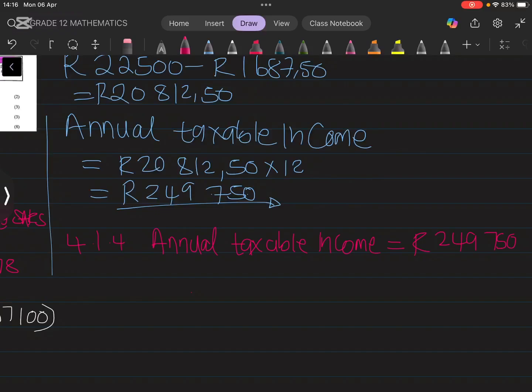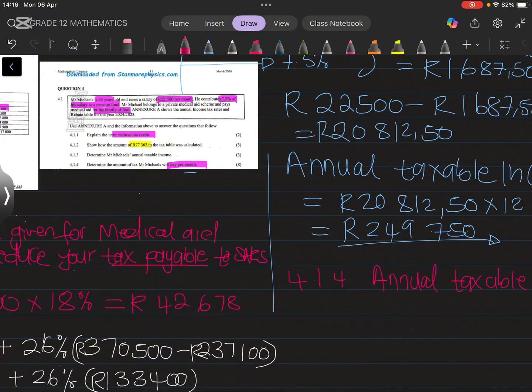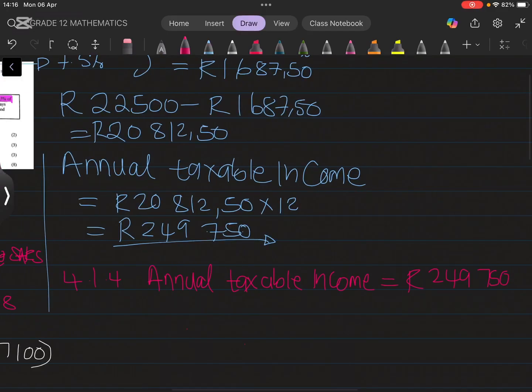And then let's look at another amount of money that will not be taxable. Remember the medical aid credit, we also need to subtract it, because it is a relief for medical aid contributors to reduce their tax payable. And remember, according to the statement, Mr. Mitchell has a family of 4, meaning there are 4 people covered on his medical aid. So therefore, we need to take that into consideration.